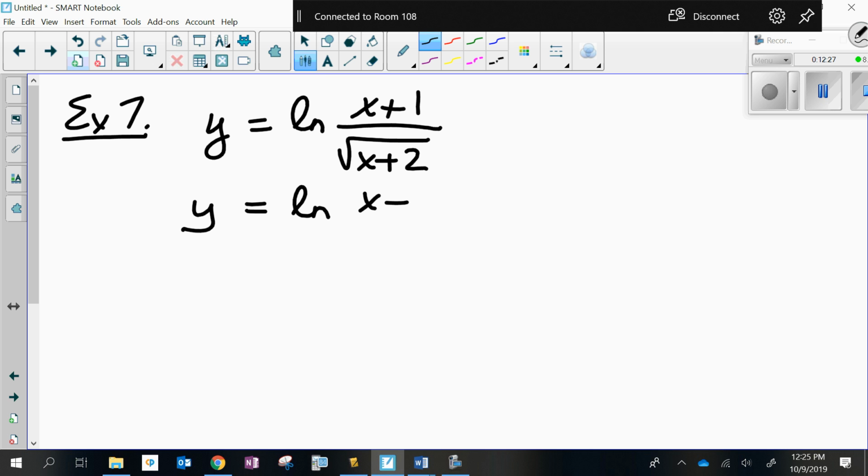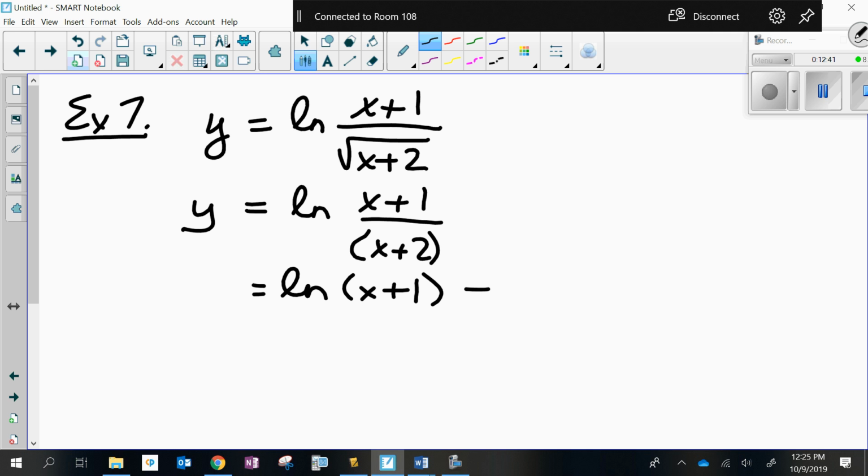Well, actually, let's write this with a power. So what does that look like using your log rules? ln of x plus 1 minus ln of x plus 2, and that one has a 1/2, so we put that out front.